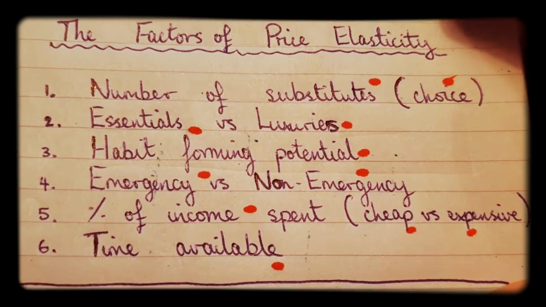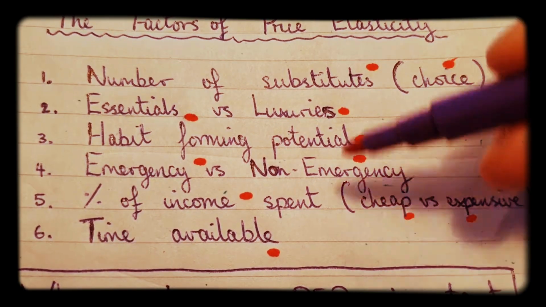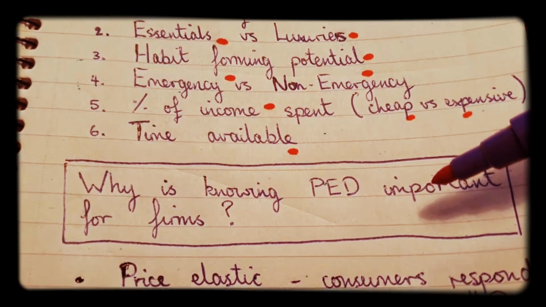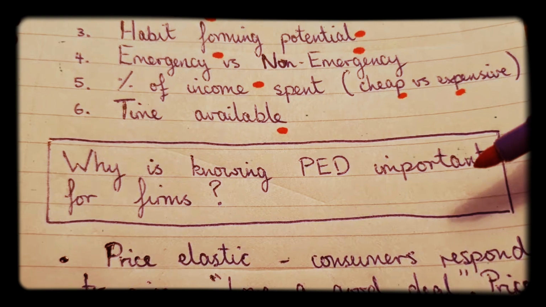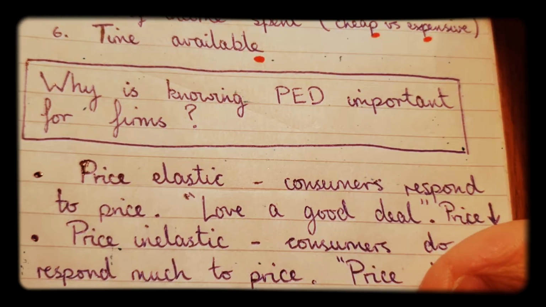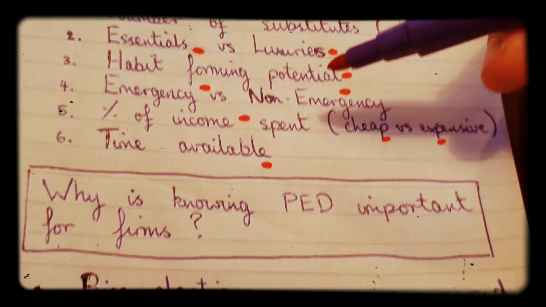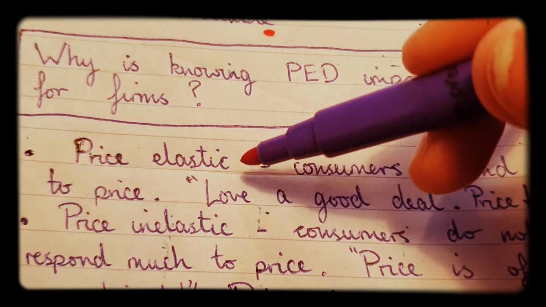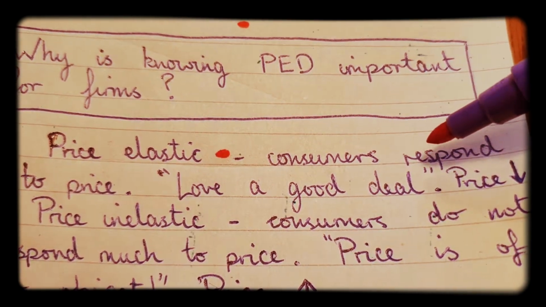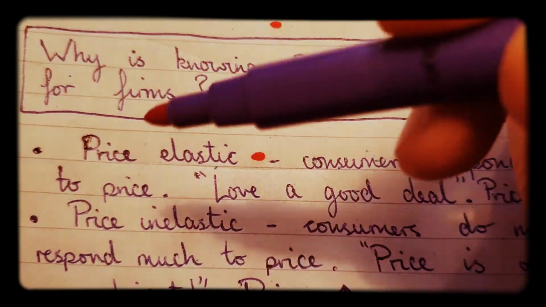So how can a firm take all of this information and figure out why it's important to them? Why is PED important for firms? If they do this analysis and figure out that their product is price elastic, price elastic means consumers respond very well to price.